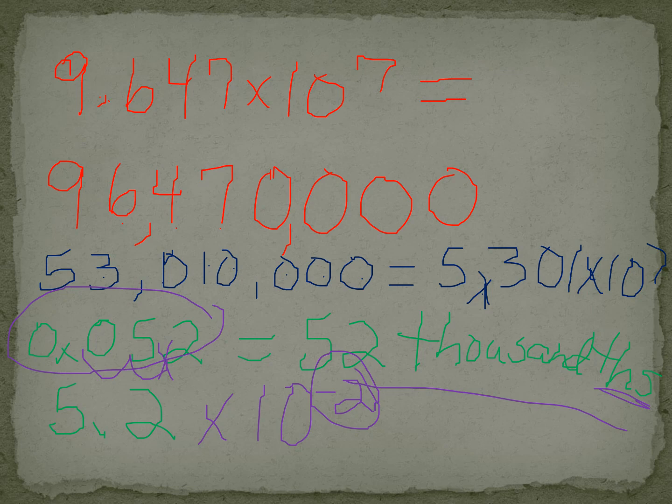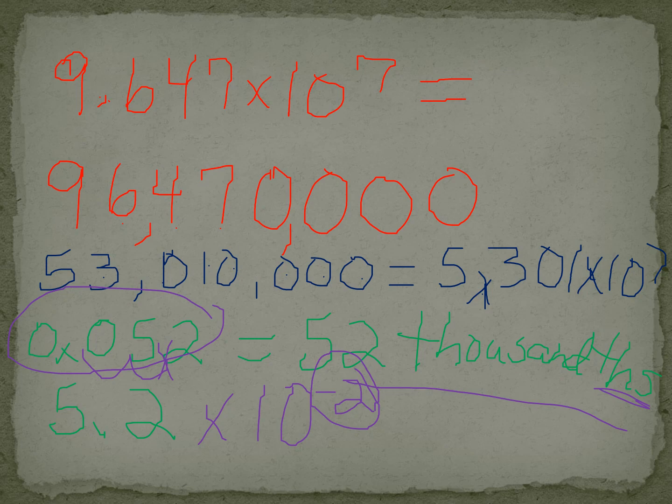So my first number is going to look like 5.2. I'll change it to purple. 5.2 times 10, and how many place values am I from here? 1, 2, times 10 to the -2, because the TH tells me that was less than 1, basically.